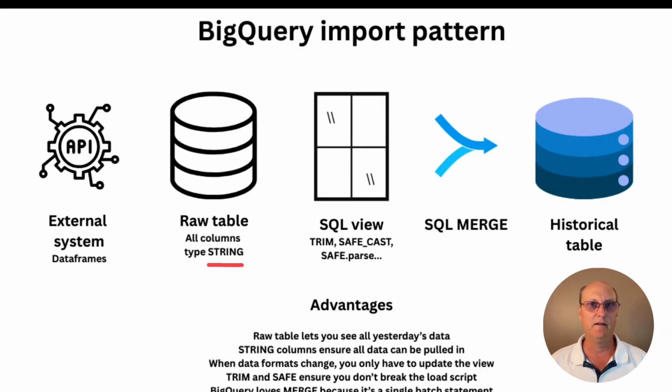So instead of loading directly into our final BigQuery table, what I like to do is put it in a raw table first, where all our data is in string format. And that makes it much easier to go back if we need to make any changes format-wise. We still have the raw data captured in this table. The other thing that's nice about a raw table here is that it lets you see all of the data that you've pulled in this particular run.